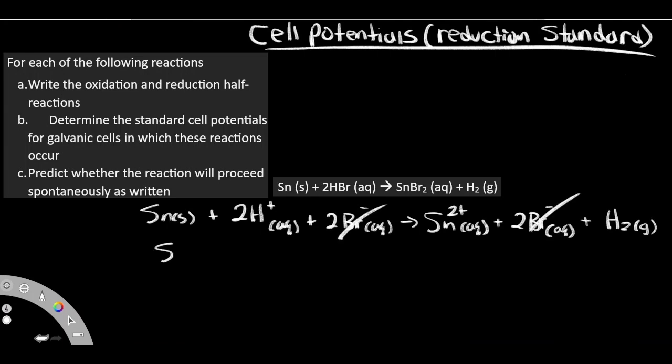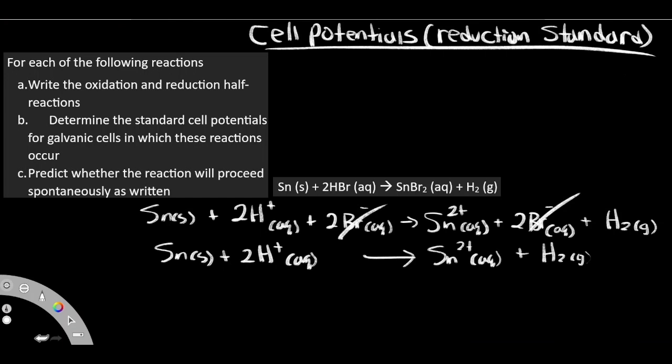So what do we have left? We have our Sn plus our 2 hydrogens, producing our Sn2+ and our H2. What do we do now in this case? Well, we have to see our Sn and its counterpart Sn2+.